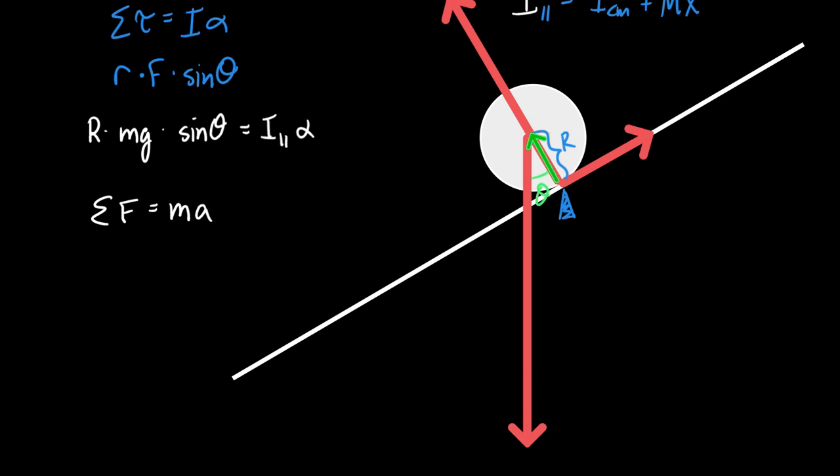I care about the ones that are aligned with the ramp, and that's going to be mg sine theta minus friction equals MA. You'll have to combine these two to eliminate A and be left with friction. I think it'd be smart for you guys to recognize that if there is a limit to what you know, just ask. It's not going to frustrate me to go over it.